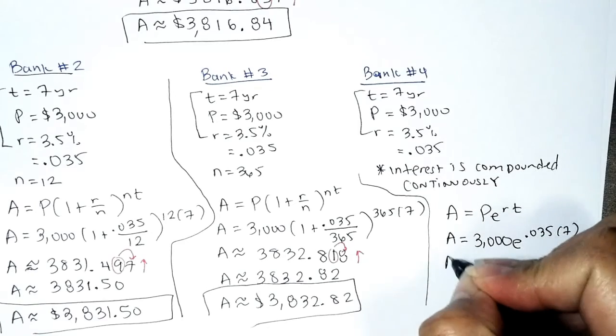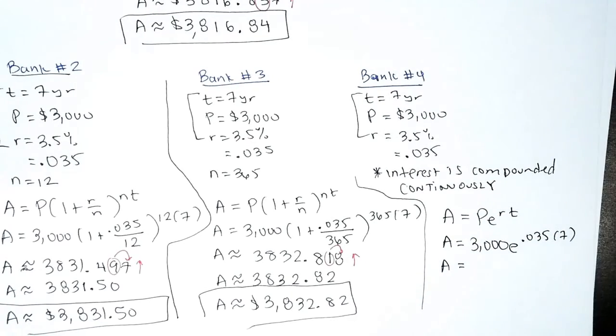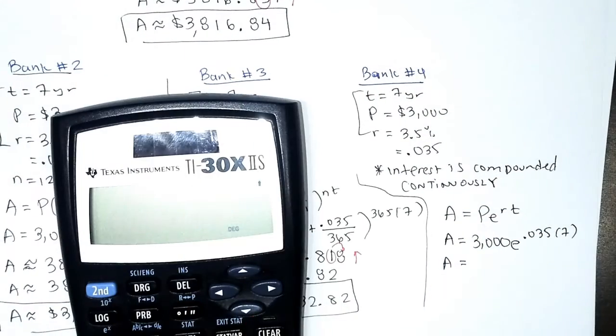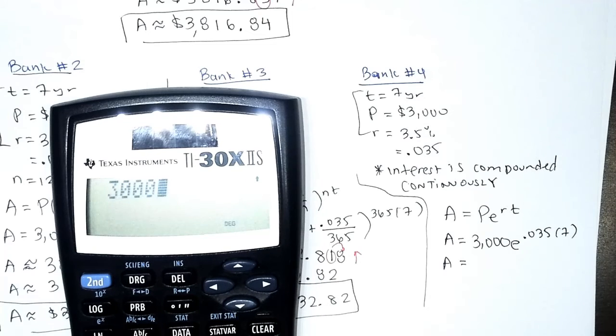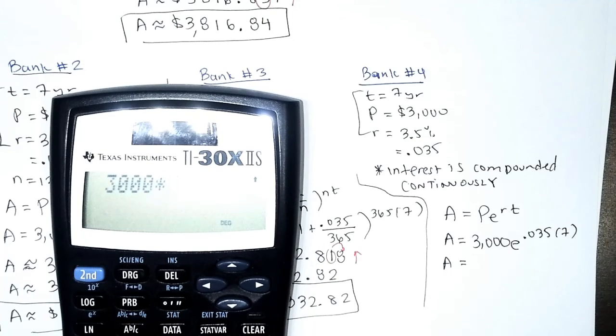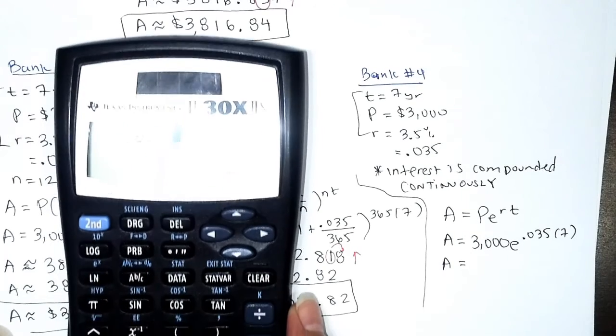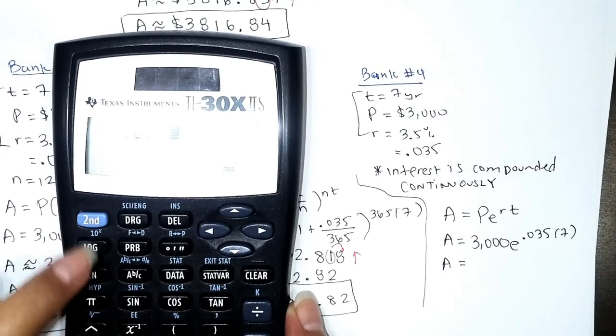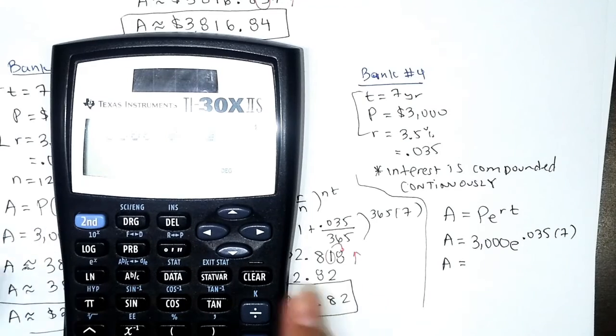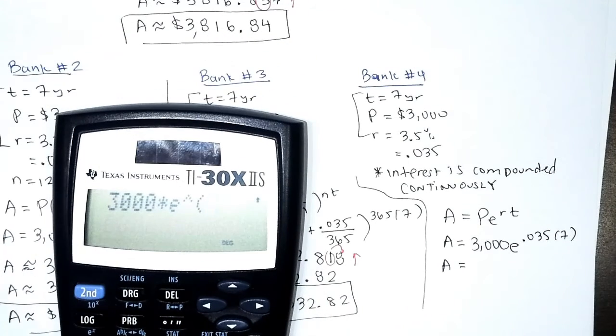So let's go to the final amount. A equals $3,000 times E. E is not a main key, it's one of the behind keys, so we're going to have to do second E. Go back to the earlier video where we talk about how to enter the E key.